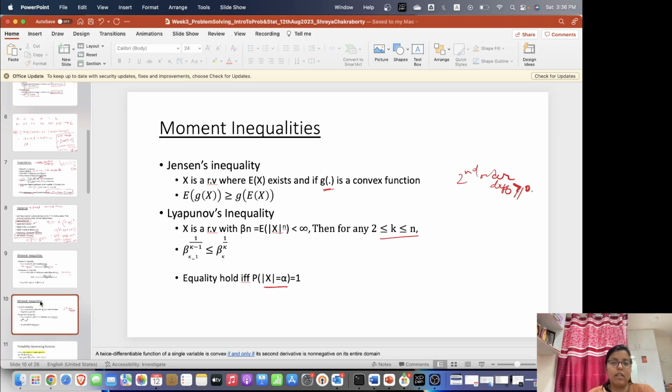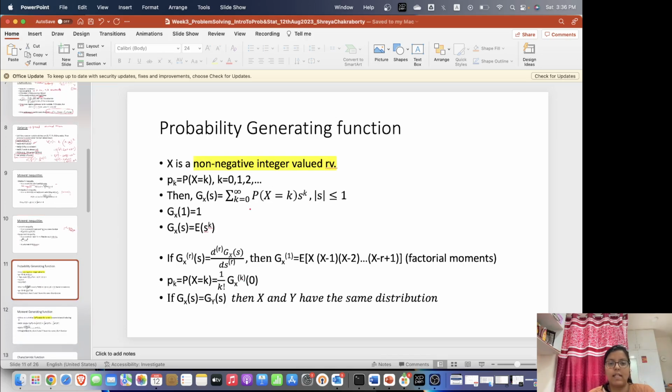Alright, so after this we went ahead and studied the probability generating function. In order to study PGF, the assumption was that x is a non-negative integer valued random variable. That is, x can take values 0, 1, 2, 3, and so on. Non-negative and integer. Then pk is probability x equal to k.